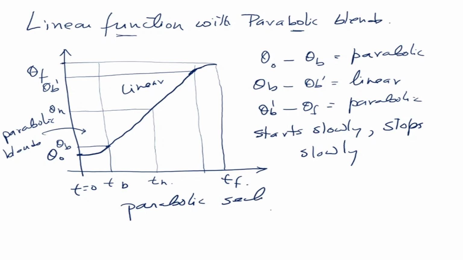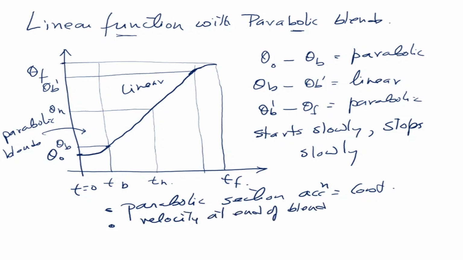And the other assumption is that the velocity at the end of blend, that means at TB, is equal to the velocity at the start of the linear section. Okay, so this is the assumption that we are making.